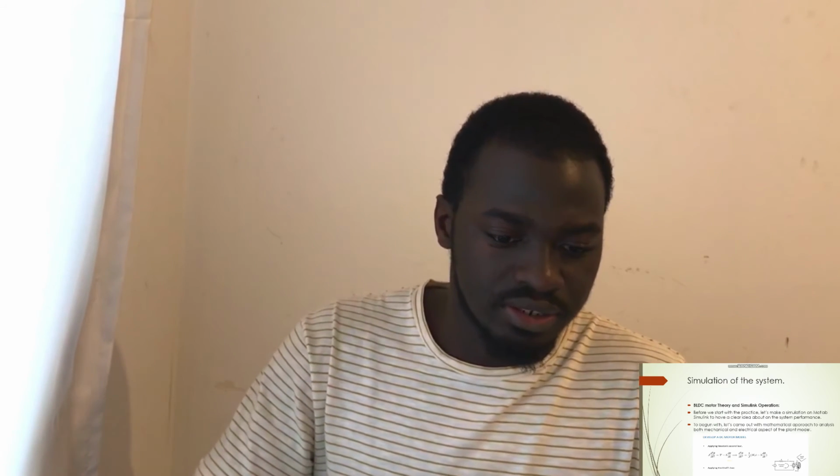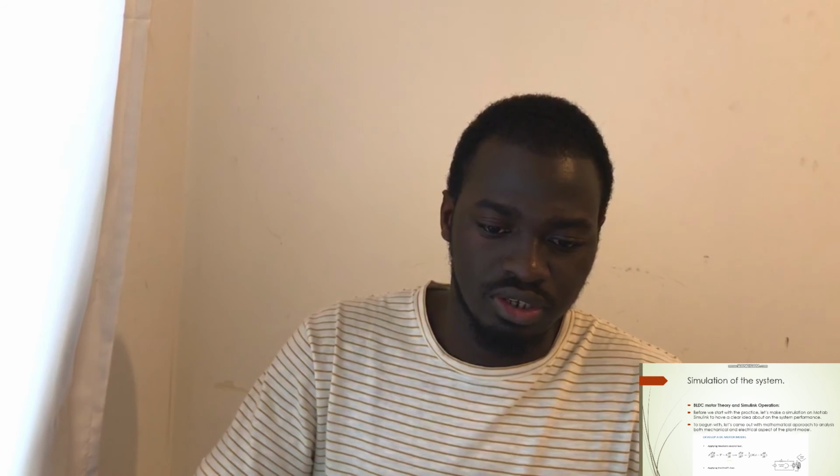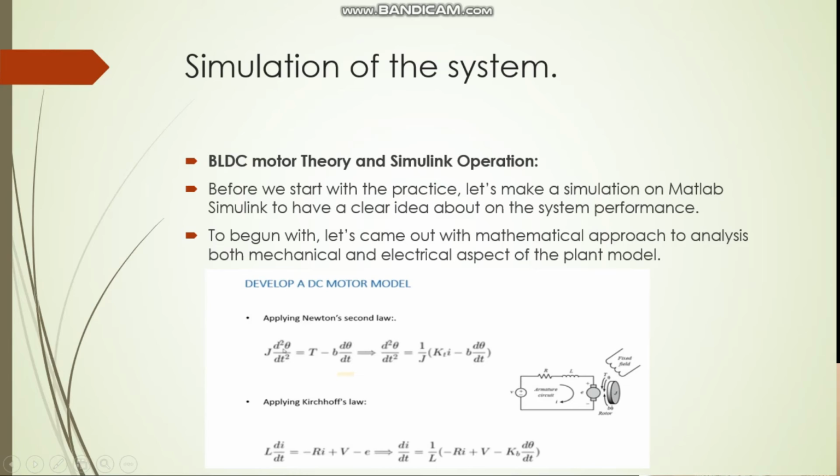Here you can understand the idea when you apply Kirchhoff's voltage law: L times di over dt, plus R times i, plus e, which is the back EMF, equals V.